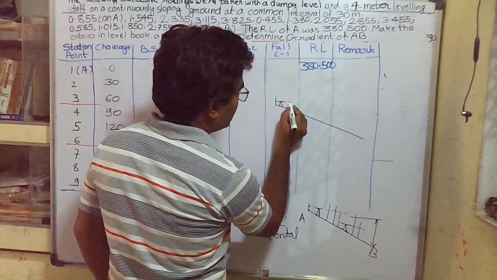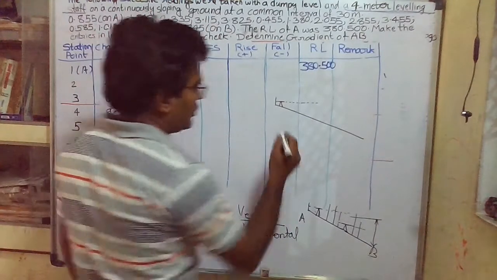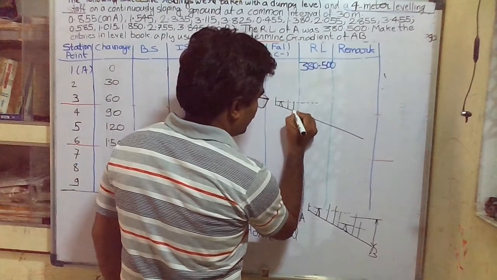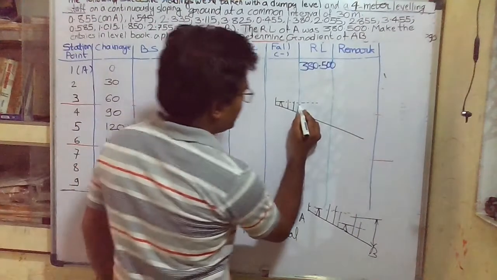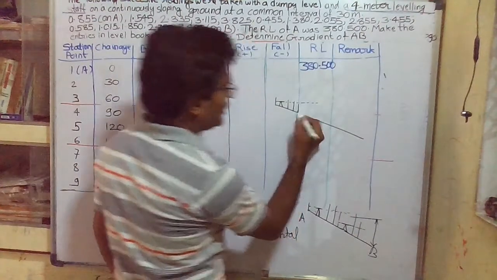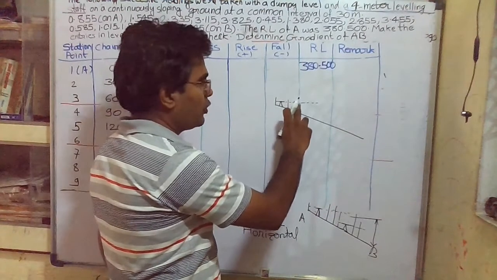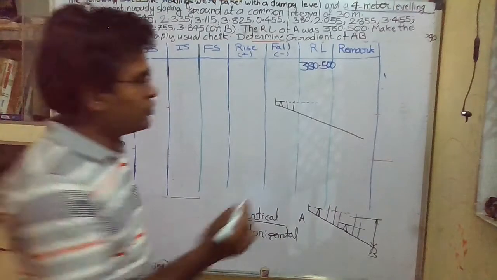This is our height of instrument. Then again our staff length is limited. If we go below this point, we cannot see the staff, because the staff has length only up to this much. Can we take this reading at this point? No. So we have to shift the instrument to a new location.